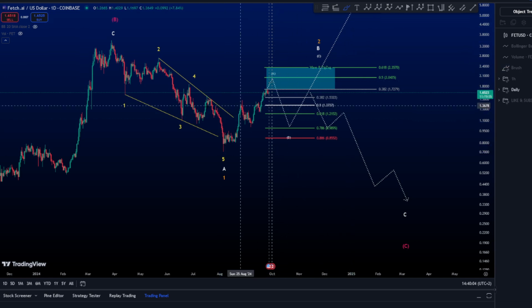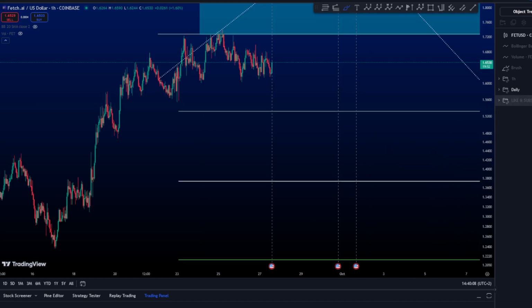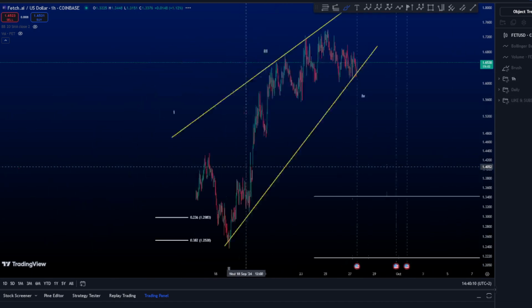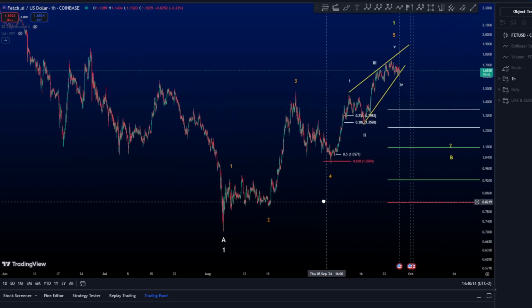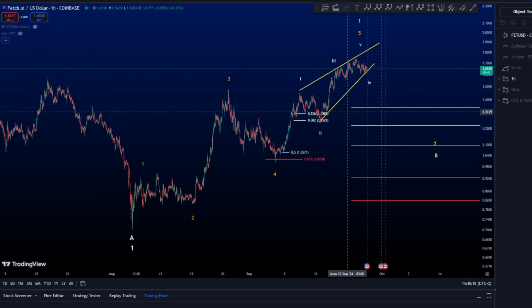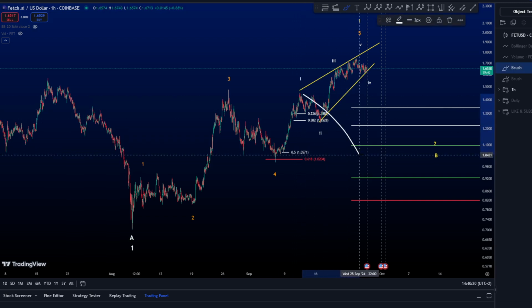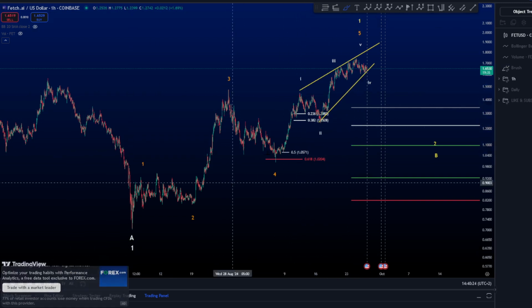If we take a look at the 1 hour chart, closer to that area, the last video we were talking about, this area here. Of course, in the last videos, we were still very, very bearish because we didn't get any impulse indication.